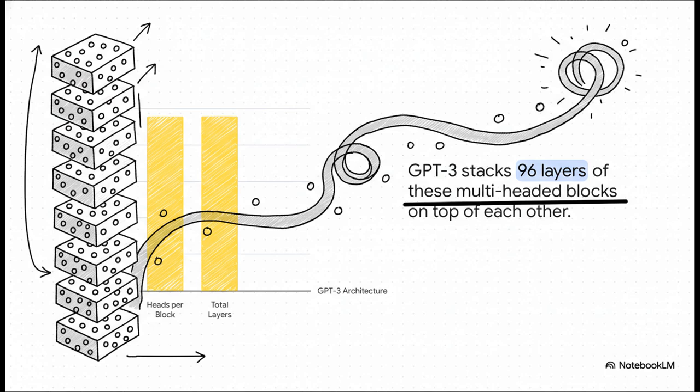But wait, it gets even bigger. The model doesn't just have one block of 96 specialists. It stacks these blocks on top of each other. A model like GPT-3 has 96 of these layers. So, a word's vector gets updated by 96 heads. Then that new, smarter vector gets passed up to the next layer to be updated by another 96 heads, and on 96 times.